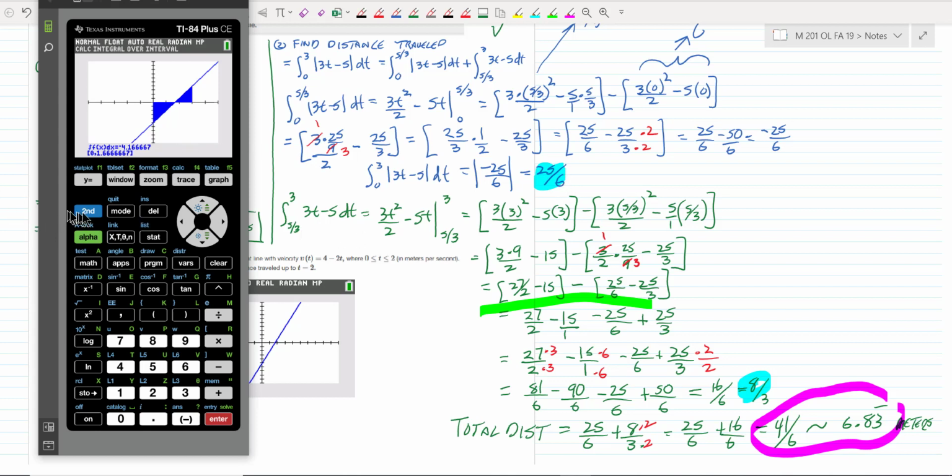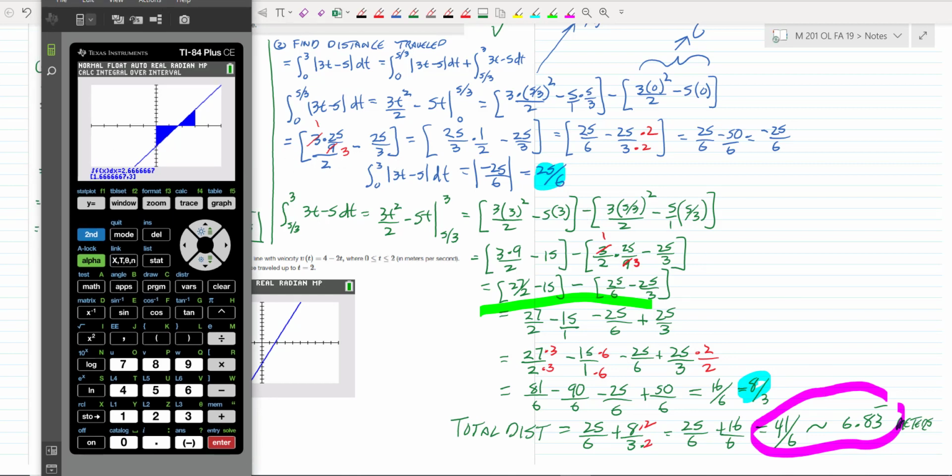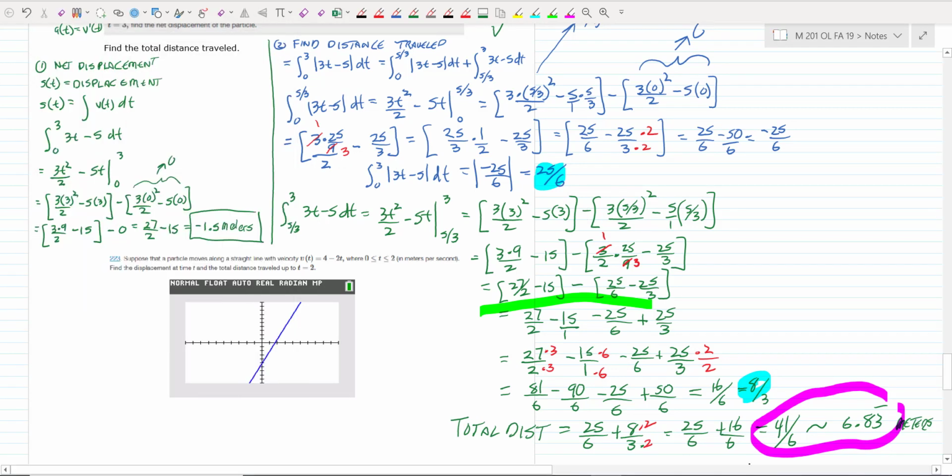And then I would do the same thing, option 7. Now I would do the integral from 5/3 to 3. That would shade in this region. That's 2.6 repeating. That's what the 8/3 is. So that's the idea, you have to break that up into two pieces. Okay, all right, so hopefully that makes sense to everybody.